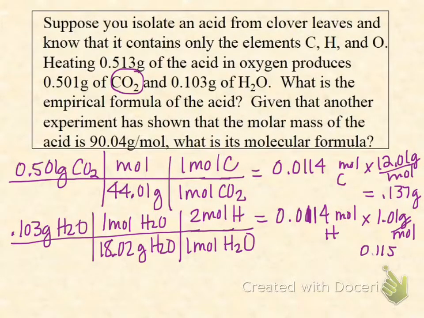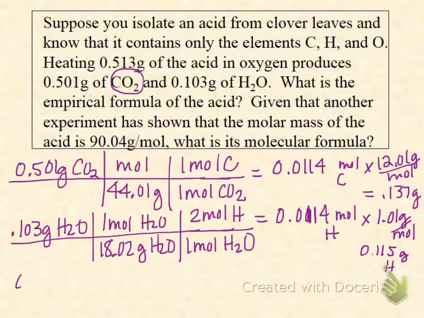0.115 grams of hydrogen. Now I can figure out how much oxygen we have by subtracting those numbers from the original amount, because remember, I only have carbon, hydrogen, and oxygen, so according to the law of conservation of mass, it has to equal the total.